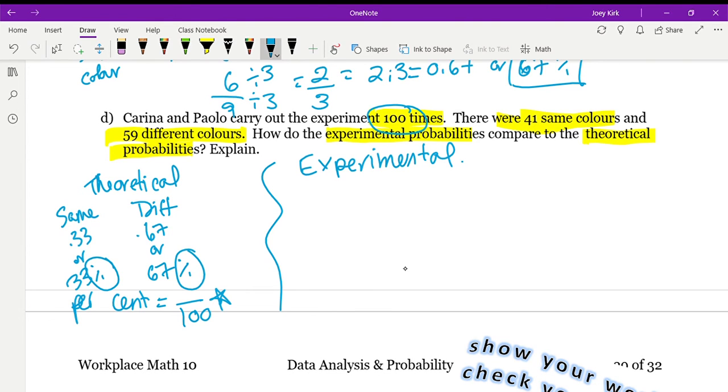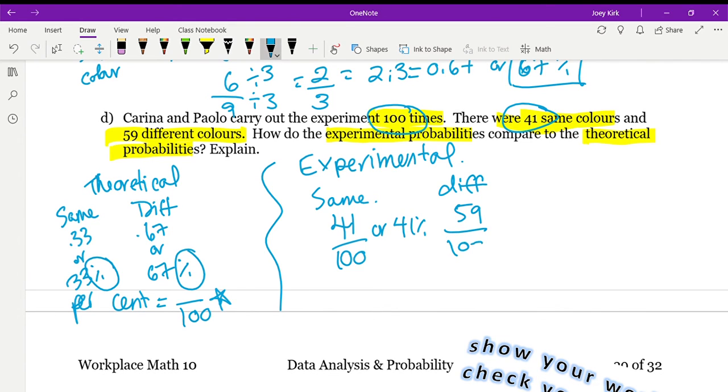So for our experimental probabilities, for the same color, they got 41 out of 100 spins total, which would be actually 41%. And the number of times in the experiment that they got different colors, they got 59 out of 100, which would have been 59%.